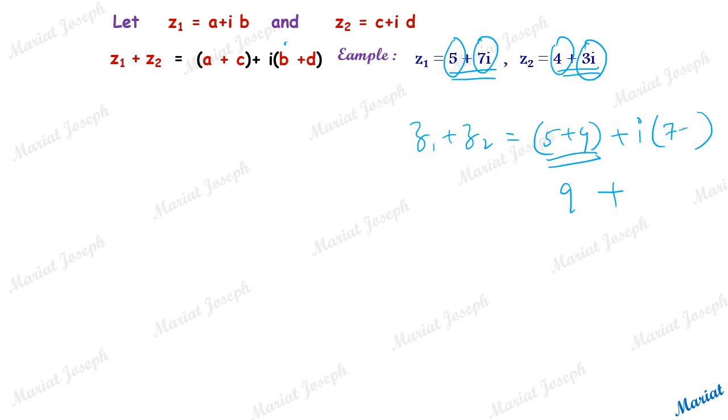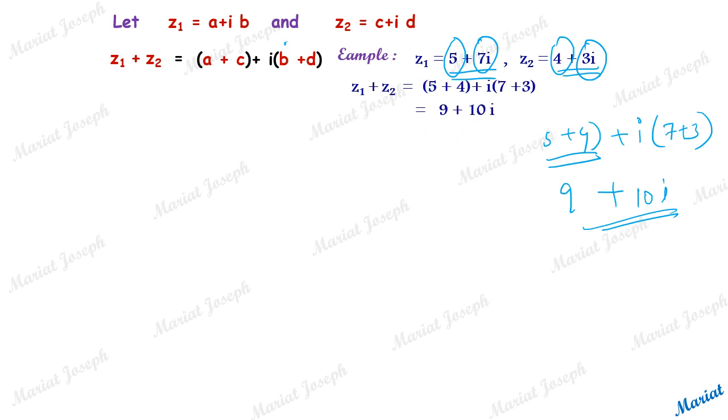So 7 plus 3, taking i common, makes it 10i. So we got the sum of the two complex numbers. That's all. Its answer is 9 plus 10i.